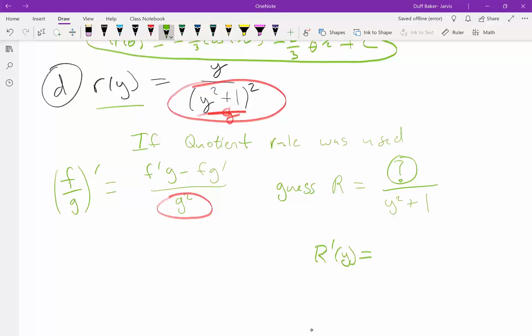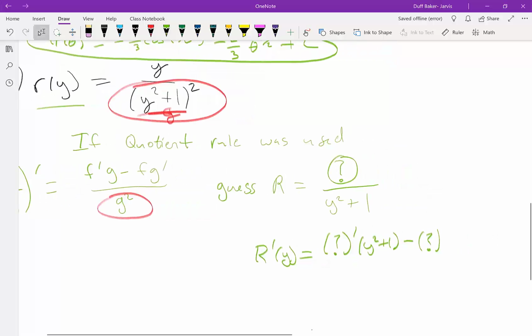Well, it would be the derivative of this thing we don't know what to put there yet times the bottom, minus our unknown thing times the derivative of the bottom, over the bottom squared.